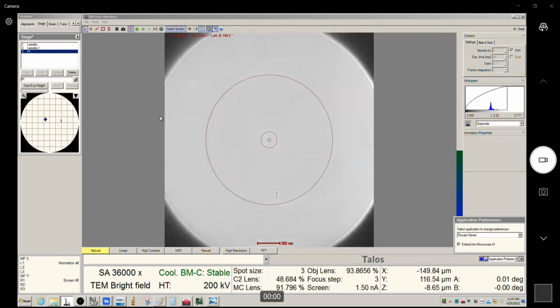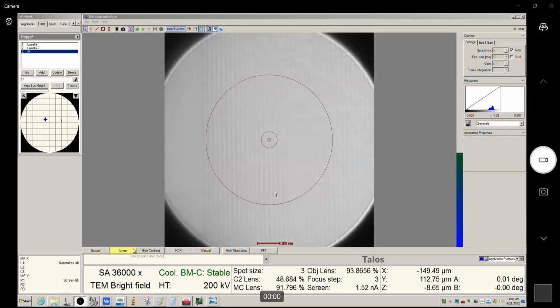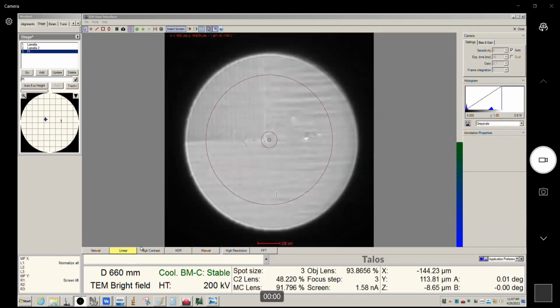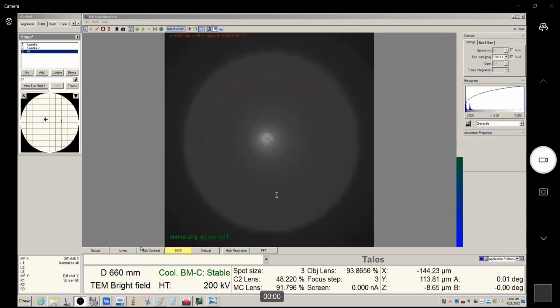So you can actually mark positions within the sample too, if you're working on a lamella like this. Okay, so there's the active layer. Trying to find an area where I can remember this corner here. Perfect. All right, so I am going to do a zone axis alignment here.